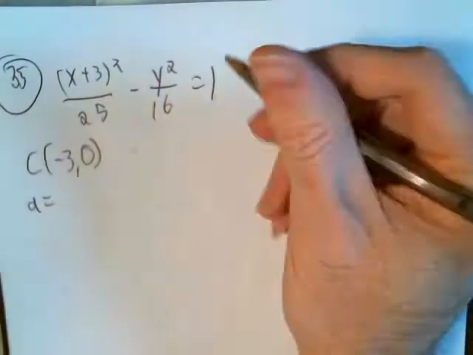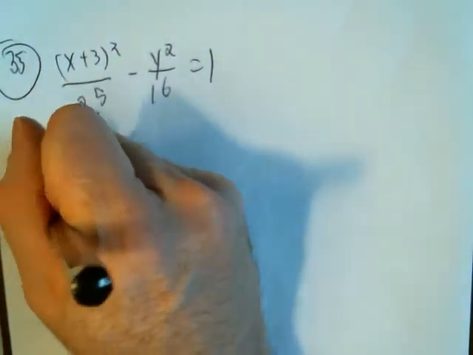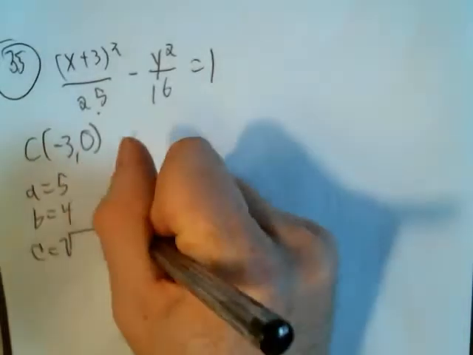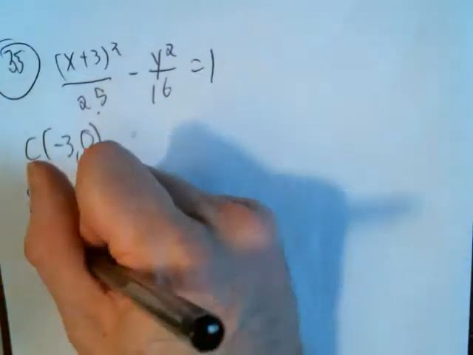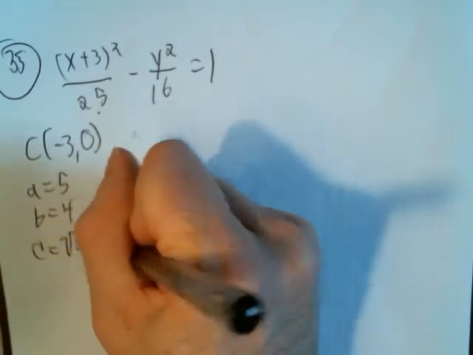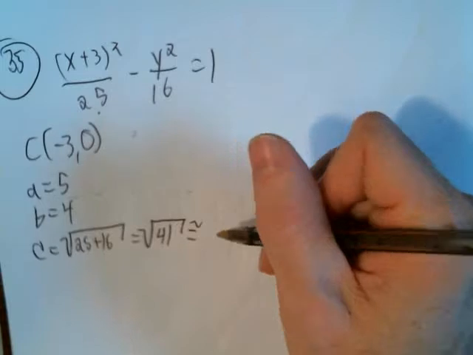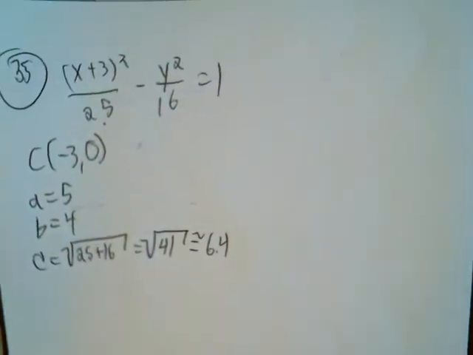The a value will be from the positive term, so it's 5. The b value is 4. And then c is the square root of 25 plus 16, which is square root of 41, I believe. This is approximately 6.4.